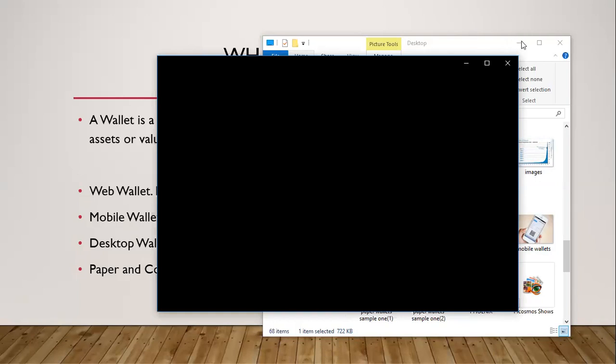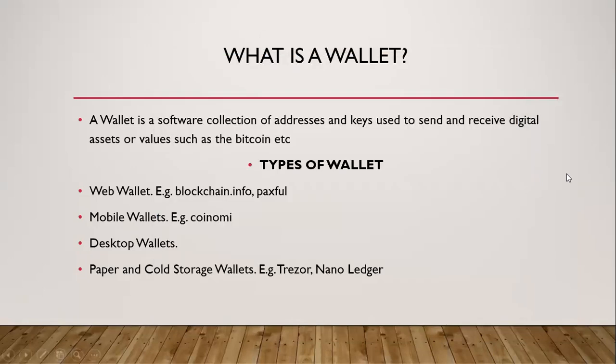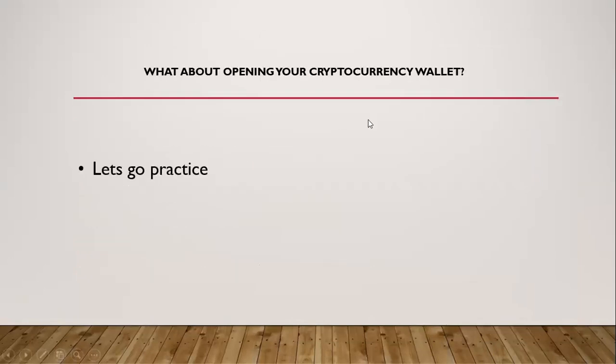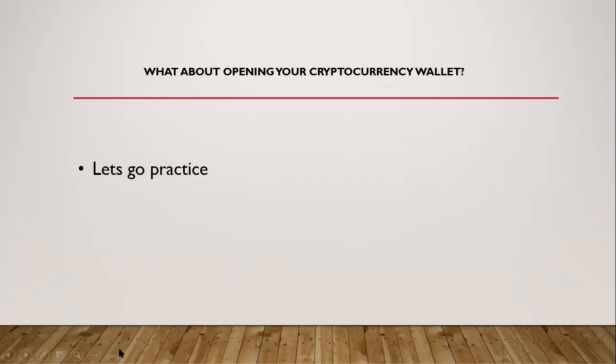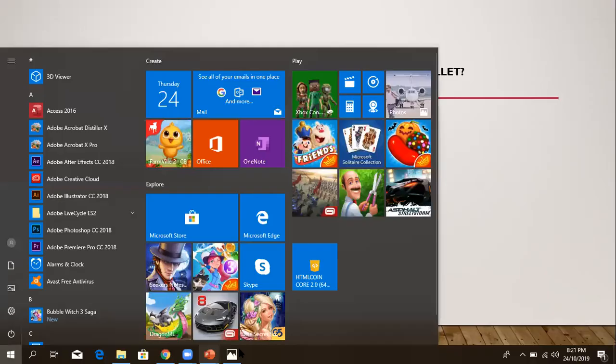I want us to see an example of that. So while that is loading, let's move on to this. Now, what about opening your cryptocurrency wallet? So let's go practice. How can you open a cryptocurrency wallet? The practice we're going to be doing is going to be for the web wallets. But let me see if this has opened.